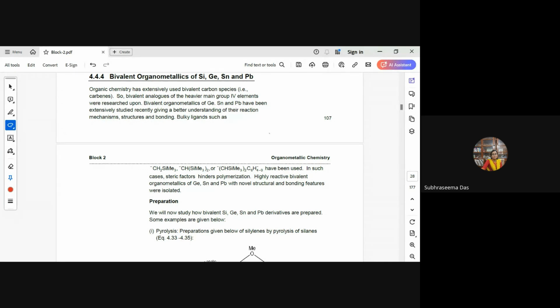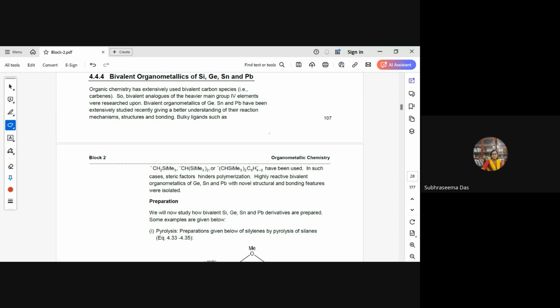So we'll continue with the organometallic compounds and their various classifications that we were discussing yesterday. Today we will start with the bivalent organometallic compounds, and we'll study the different bivalent organometallics of silicon, germanium, tin and lead.